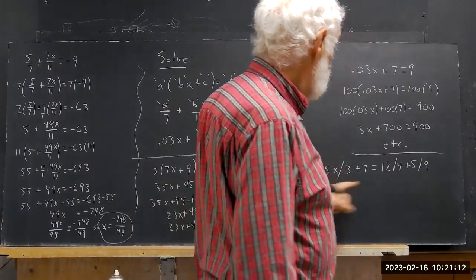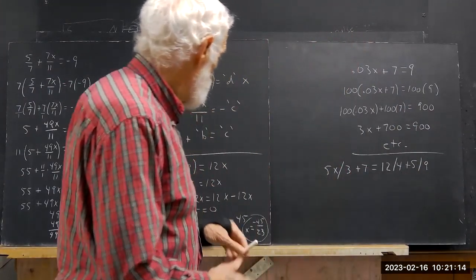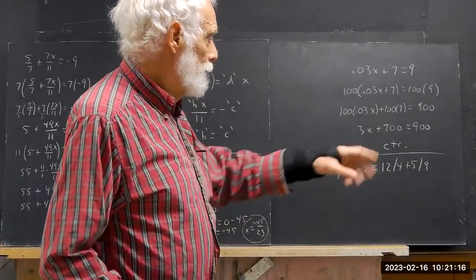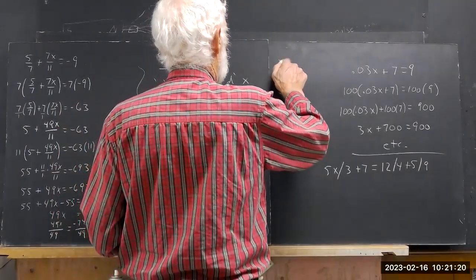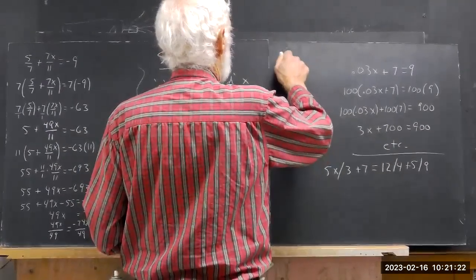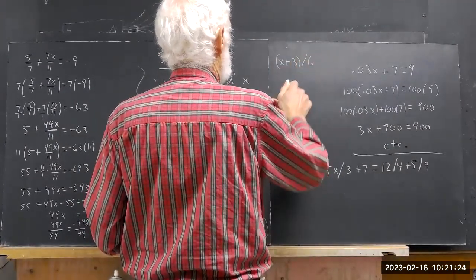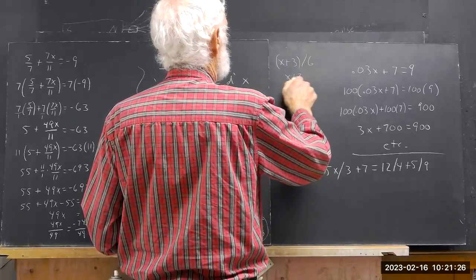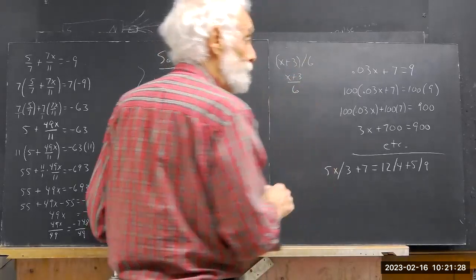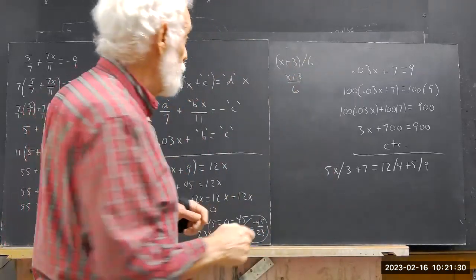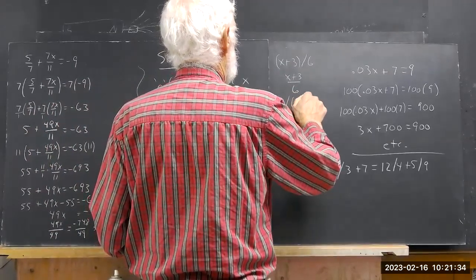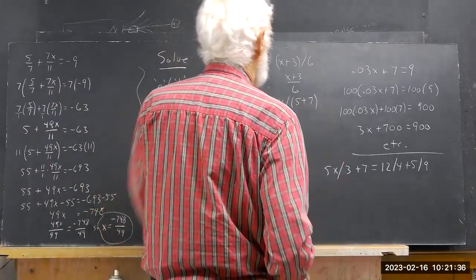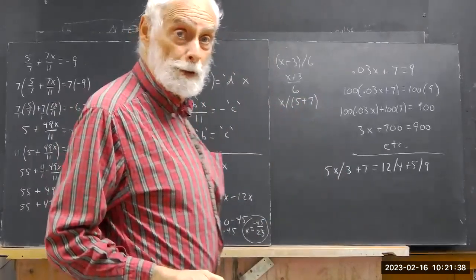So using that, write this out in standard mathematical notation. Now, for example, what I mean is, you write this as x plus 3 over 6, right? If I had x over 5 plus 7, well, actually, you do the parentheses first, right?